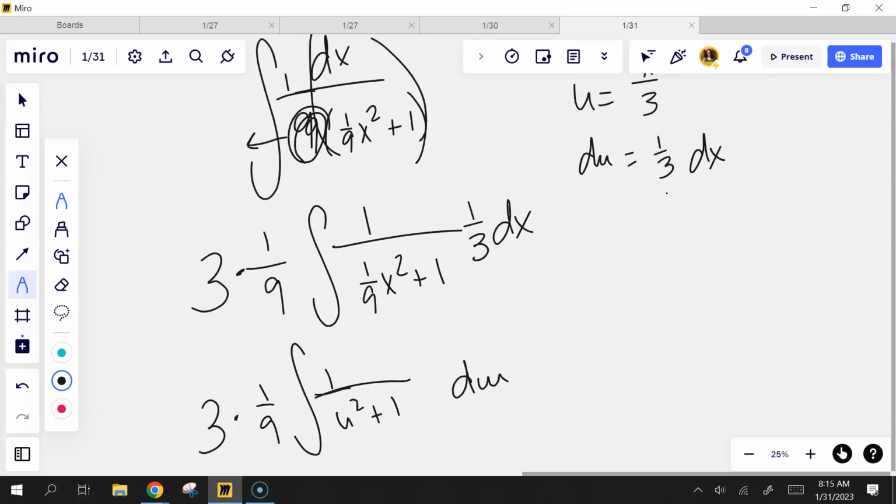All right, so remember, my du has to be 1/3 dx. I've got u squared plus 1, but I needed the 1/3 dx in there. So all I needed was the 1/3, and to counter that, I put the 3 outside.